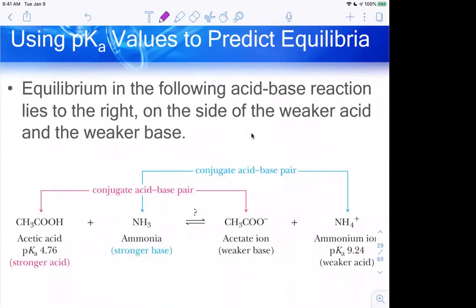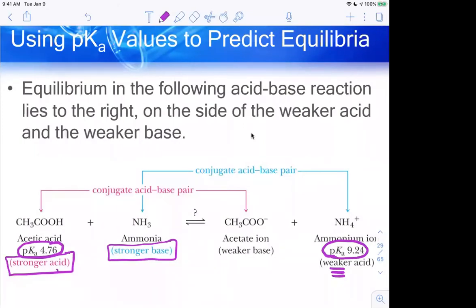So equilibrium in the following acid-base reaction lies to the right. This is my stronger base. This is my stronger acid. I really only have to look at the pKa's of the acid. Here, acetic acid has a pKa of 4.76, and ammonium has a pKa of 9.24. Because this is higher, it's weaker.